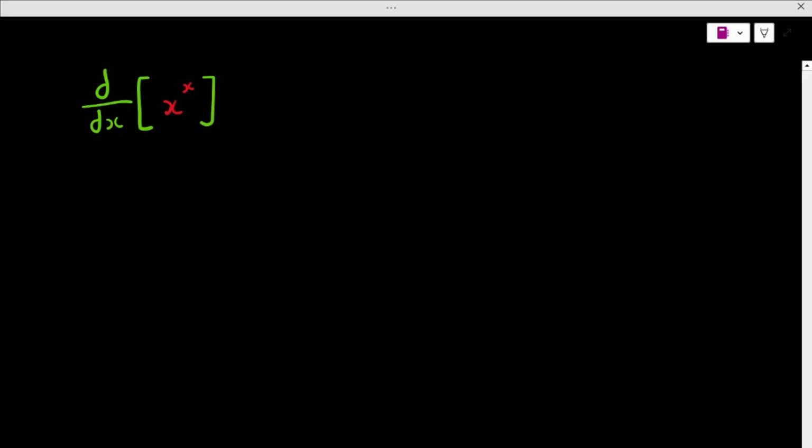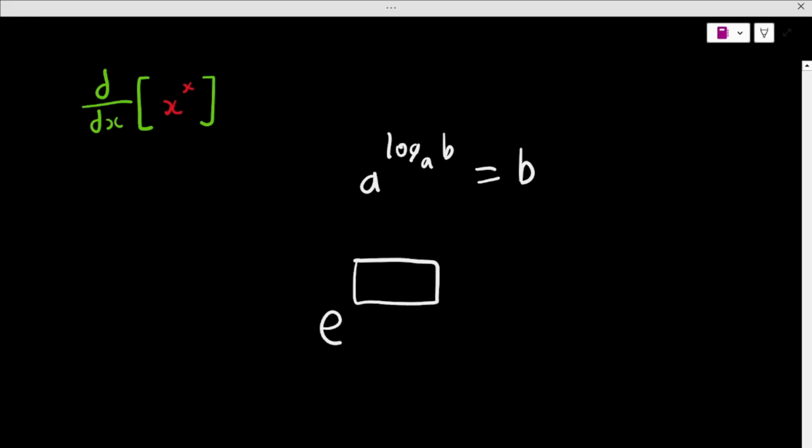Recall that if we have a to the power of log base a of b, we get back b. And we know that we can differentiate e to the power of something. So how about we re-express x to the x in the form of e to the power of something?